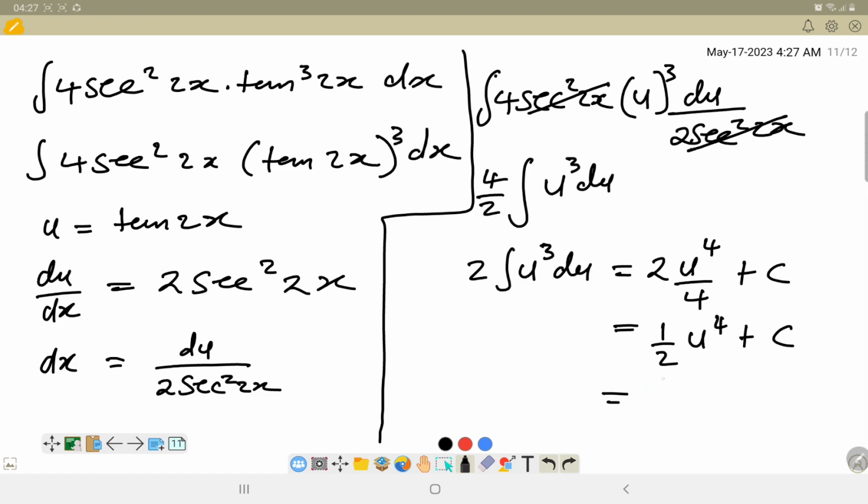Then we can replace our u by tan 2x. So 1 over 2, it's a constant. We replace our u by tan 2x to the power 4 plus c. So that is the final answer.